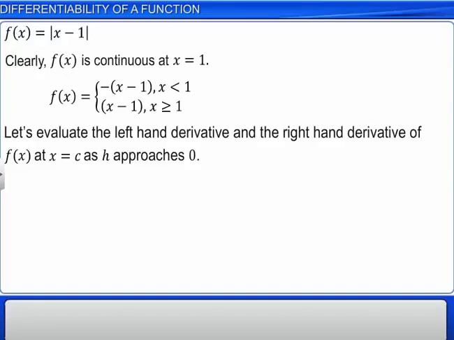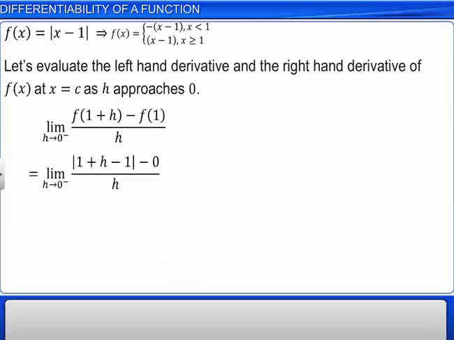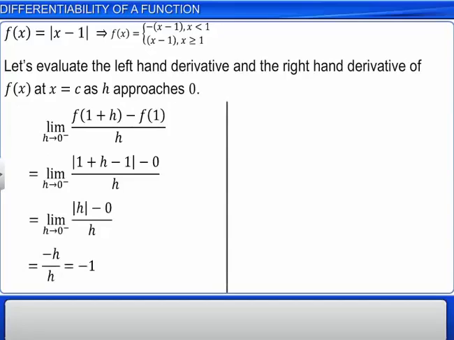The left-hand limit of f of 1 plus h minus f of 1 divided by h as h approaches 0 is equal to minus 1, and the right-hand limit of f of 1 plus h minus f of 1 divided by h as h approaches 0 is equal to 1.